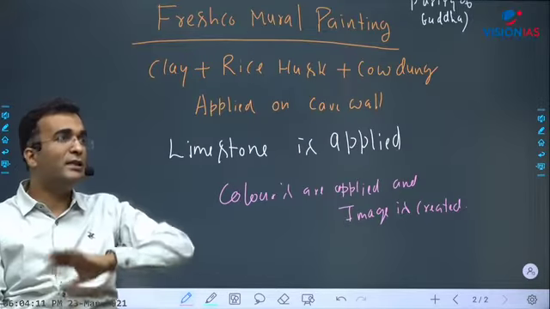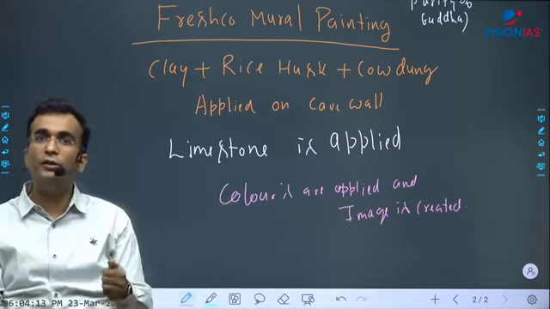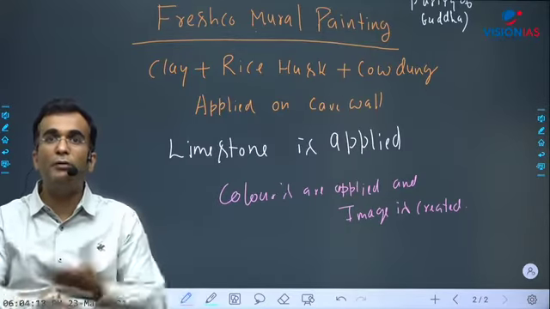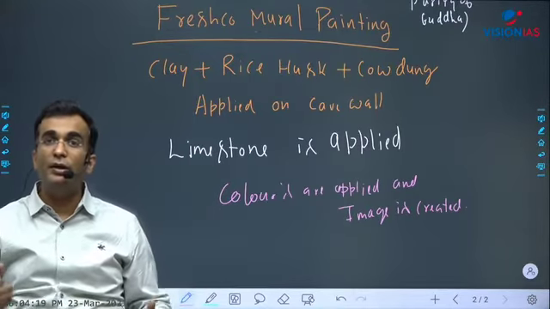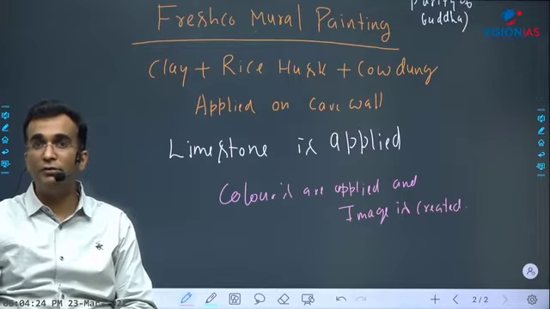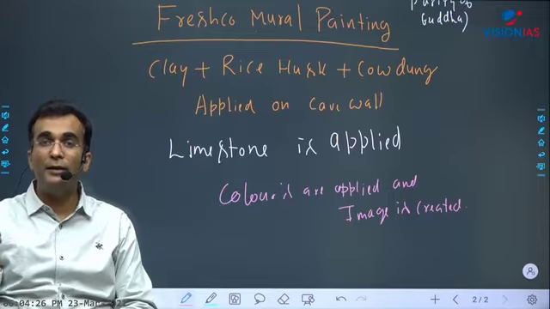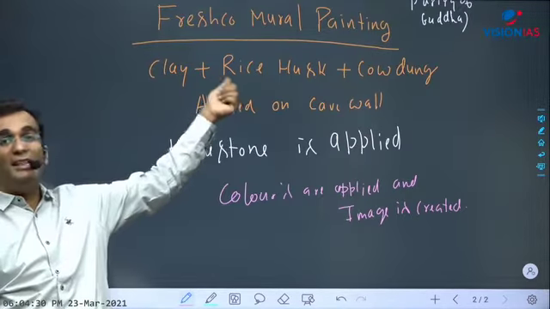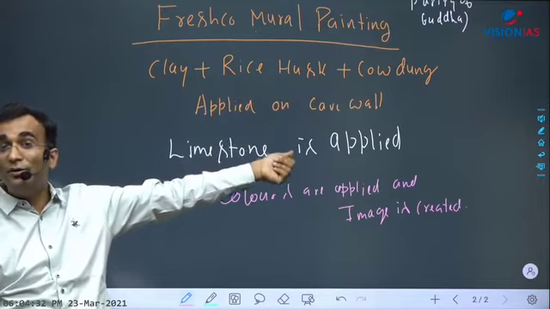Suppose the painting was created one or two years back, and you went there and sprayed a little bit of water on it, then the painting became altogether enlivened. Whenever you spray a little water on this fresco mural painting, it seems like it has been freshly created. That's because of this mixture, and that's why it is called the fresco mural painting.